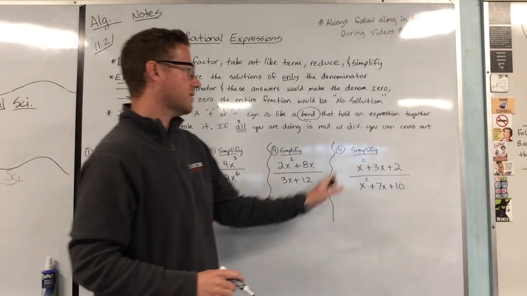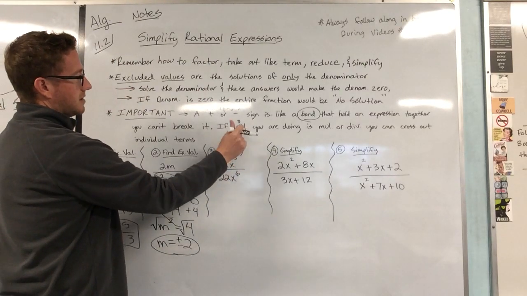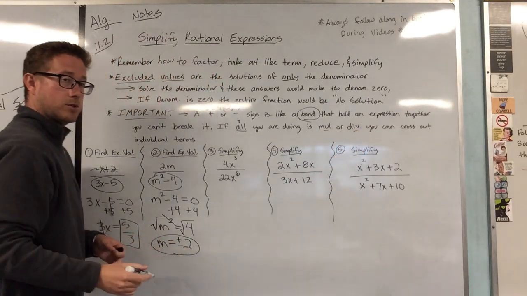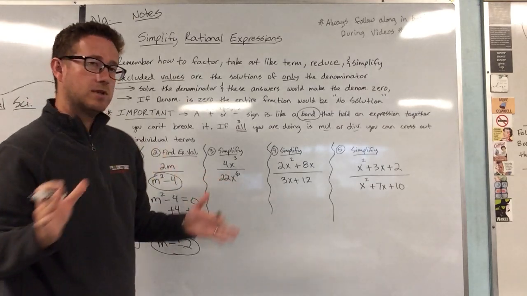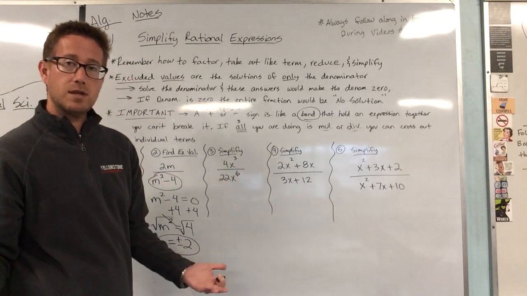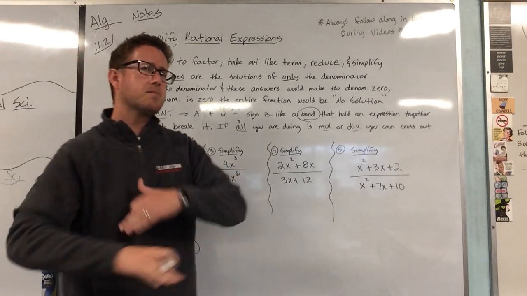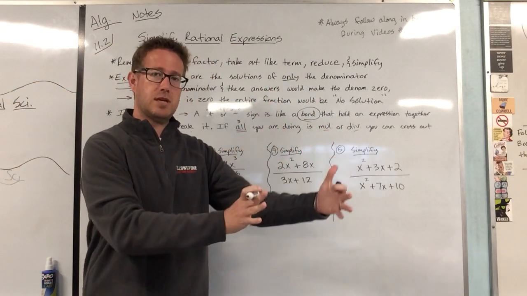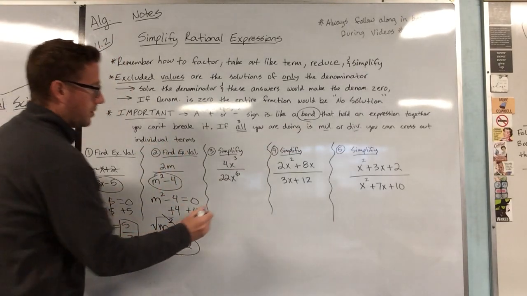Let's go into simplifying. Example 3 deals with this sentence where it's telling me all I'm doing is multiplying and dividing, which is true. 4x cubed, all I'm doing there is multiplying. 22x to the 6, all I'm doing there is multiplying. And if we look at the whole thing, it's division. So the whole equation is just using multiplication and division, which means I can start to simplify a lot of individual parts here.